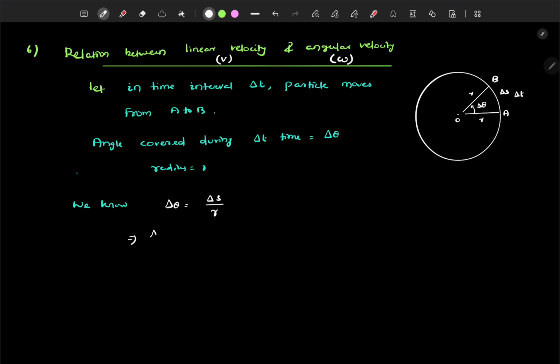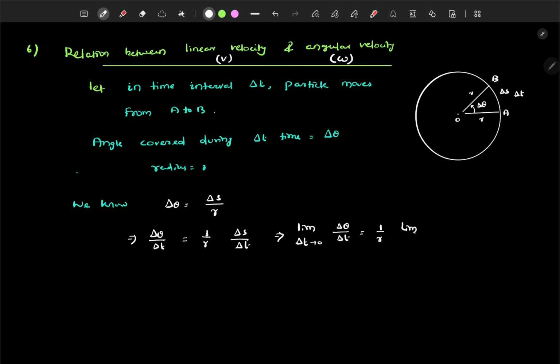Okay, so in this case, what will be the value of delta theta by delta t? That is equal to 1 by r into delta s by delta t. On taking limit delta t tends to 0 on both sides, limit delta theta by delta t is equal to 1 by r into limit del s by del t.